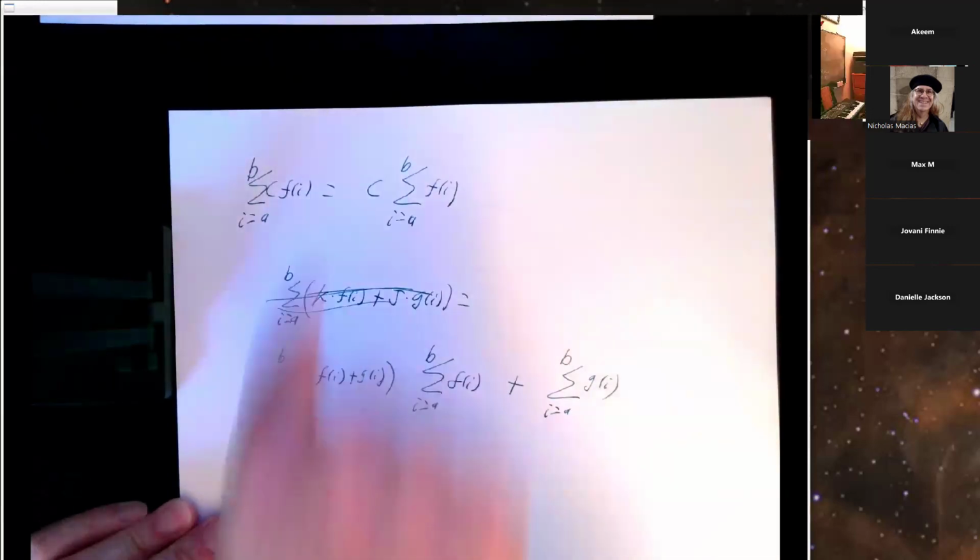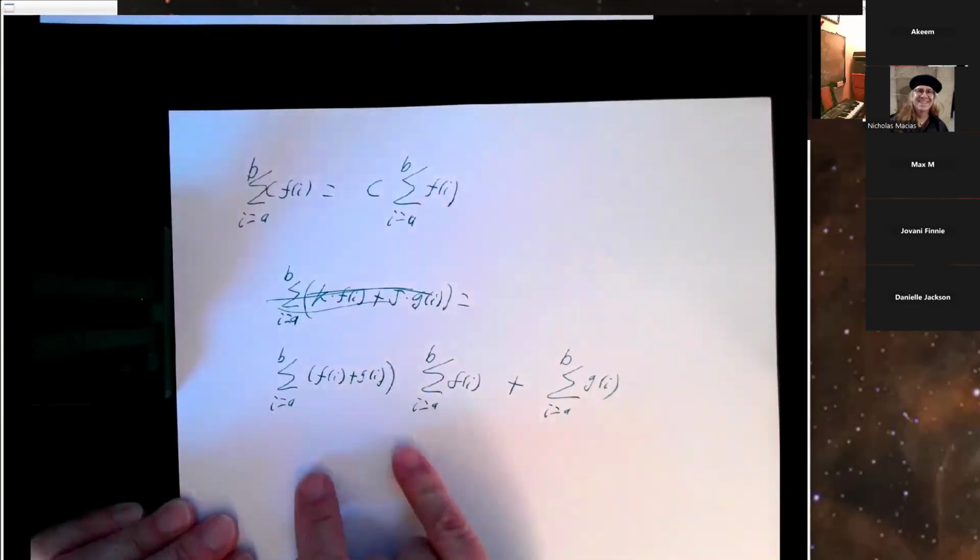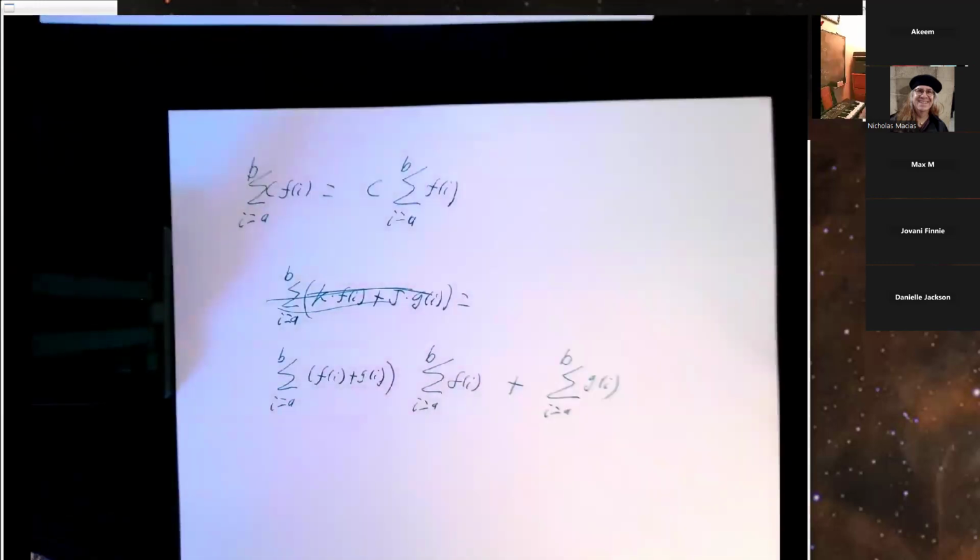And do those look familiar from some other class you've done? This idea of pulling the constant outside the summation. I was gonna say kind of like integration, something like that. Exactly. Yeah, this is integral calculus. We have this notion that if you're integrating the sum of two functions, you can integrate them separately and add those together.